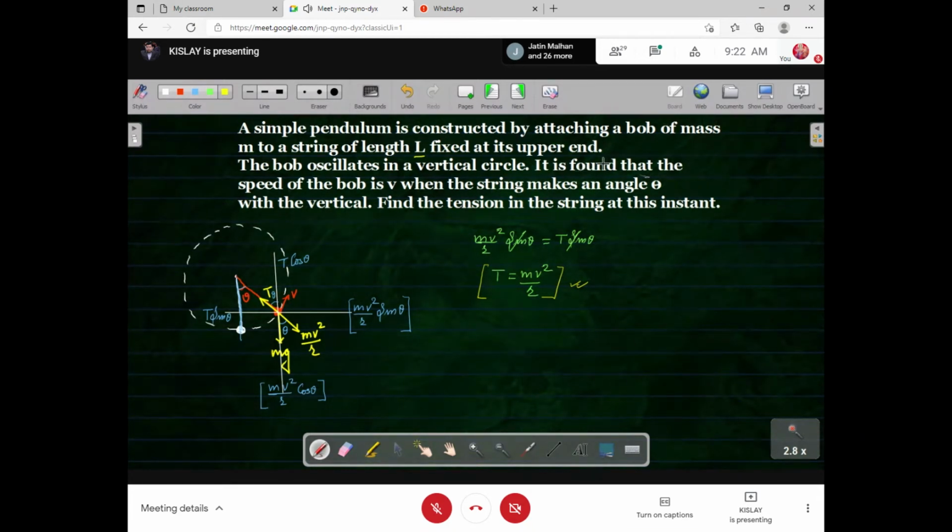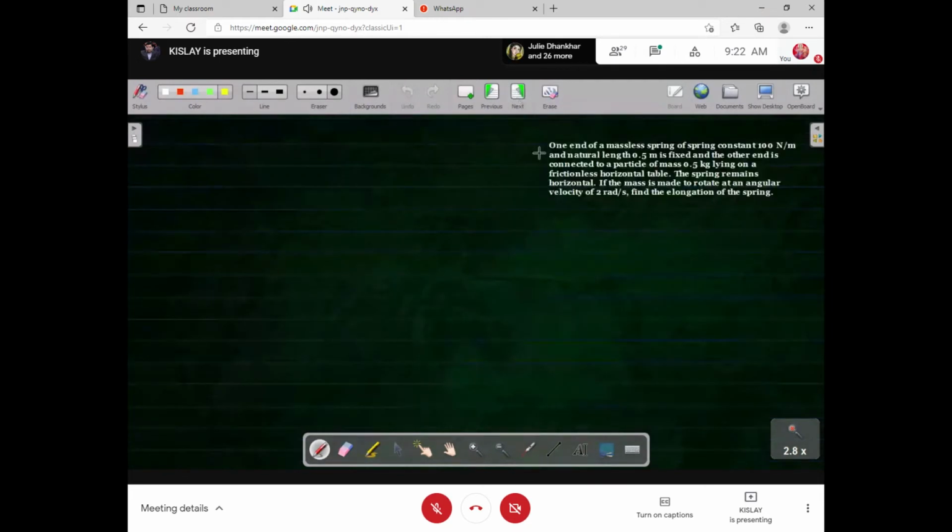See the next question. One end of the massless string, अच्छा ये string का question है, ध्यान दीजिएगा. I'm just taking a horizontal surface. This is a horizontal surface.